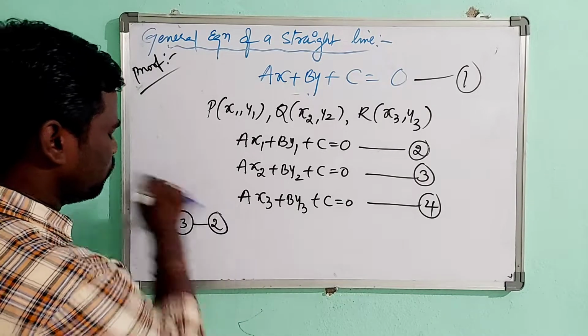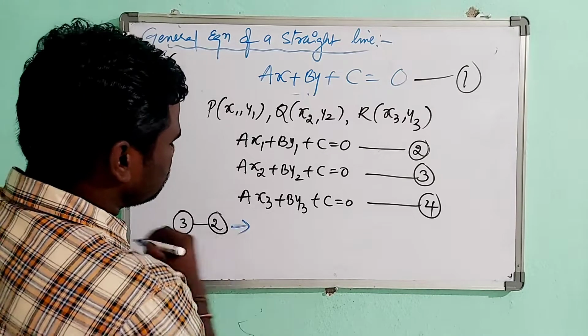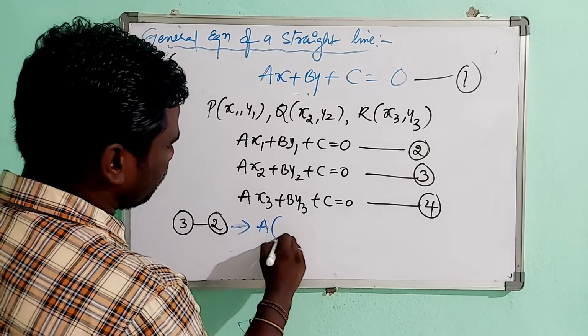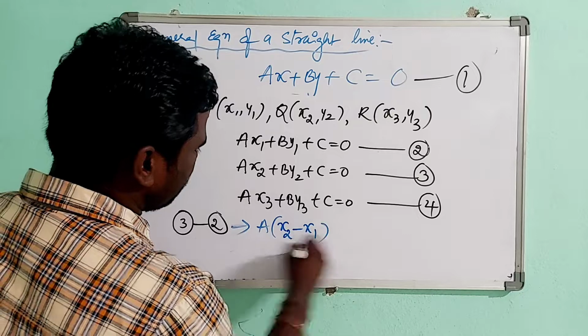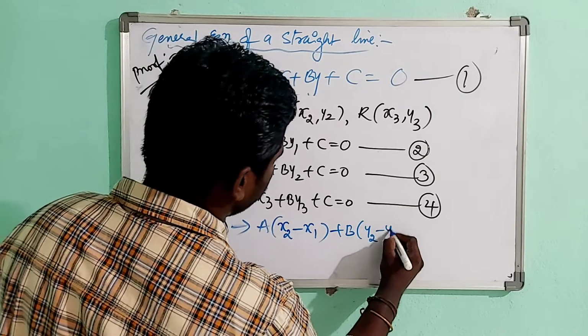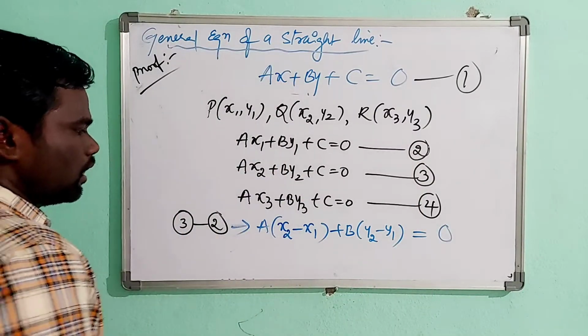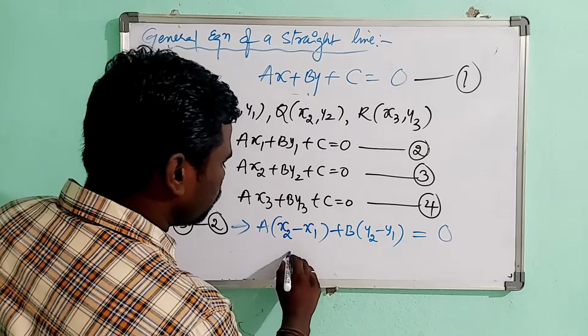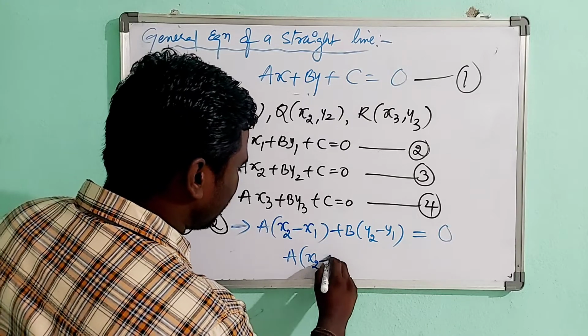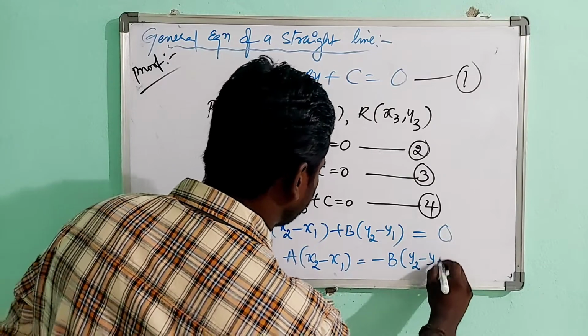If I simplify, taking a common, that is x2 minus x1, and taking b common, that is y2 minus y1, c gets cancelled, and it equals 0. So a times (x2 minus x1) equals minus b times (y2 minus y1).